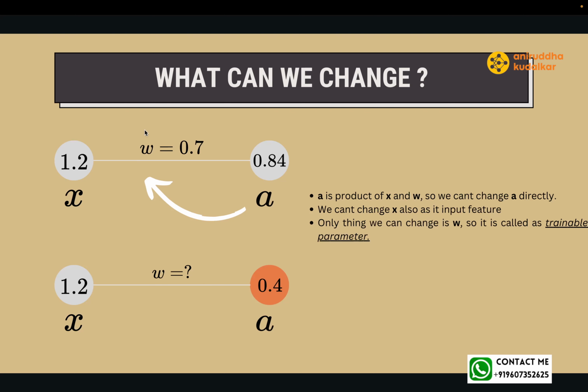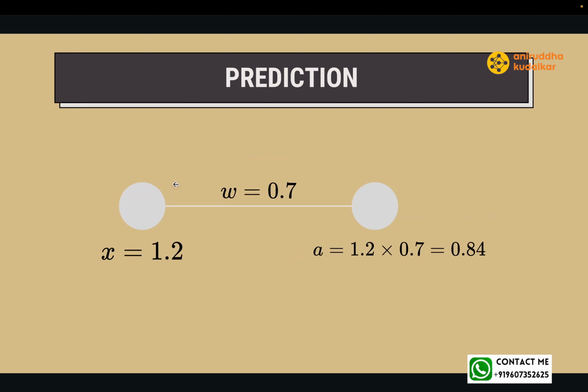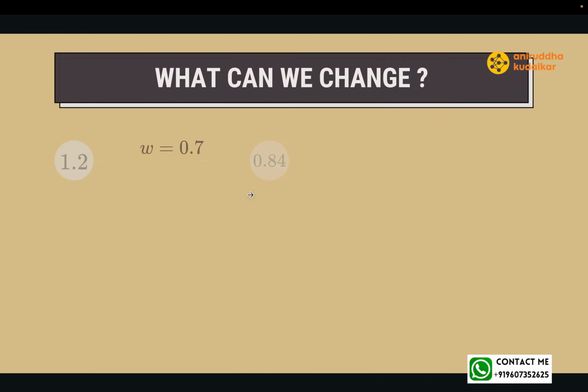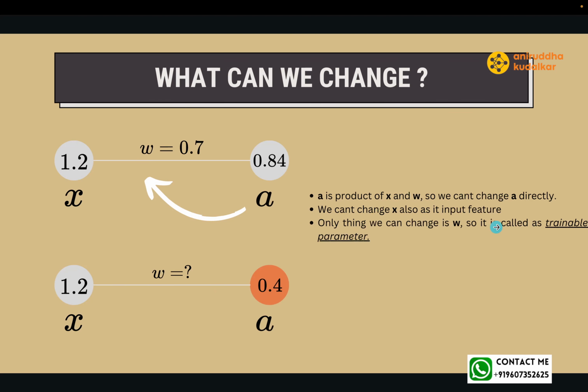So definitely you can change only the weight, only W. That's why W is called a trainable parameter. So our neural network has one trainable parameter, that is nothing but this W.